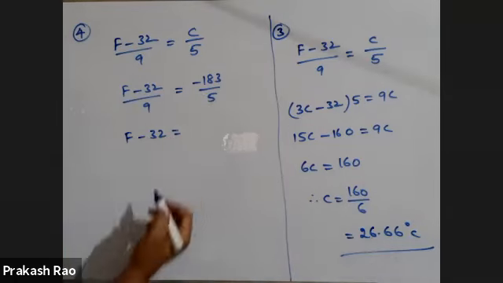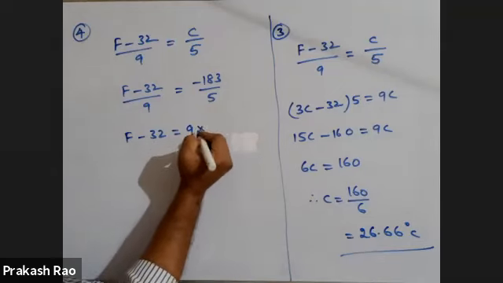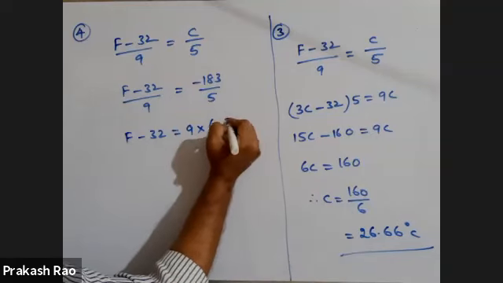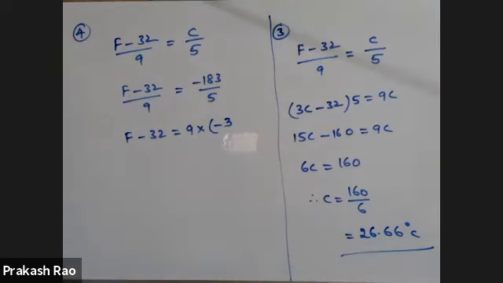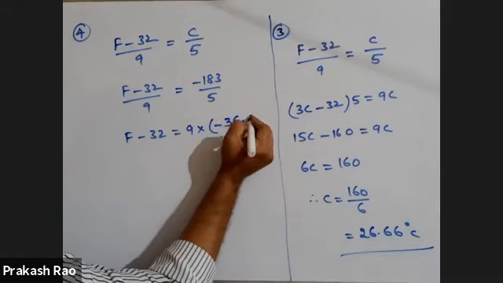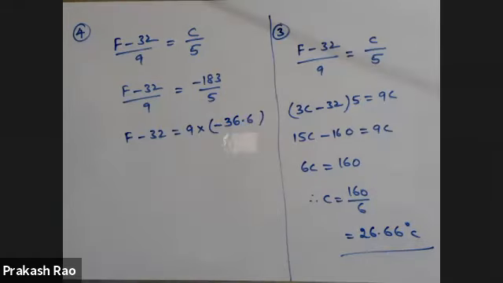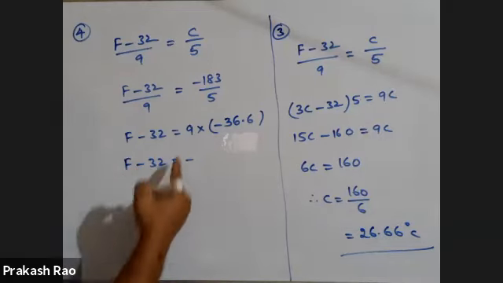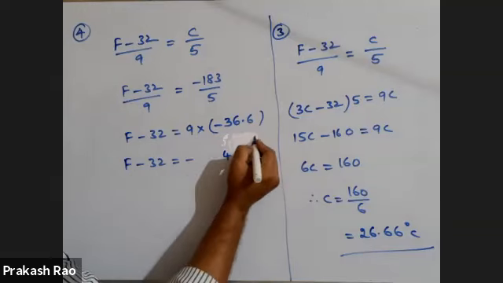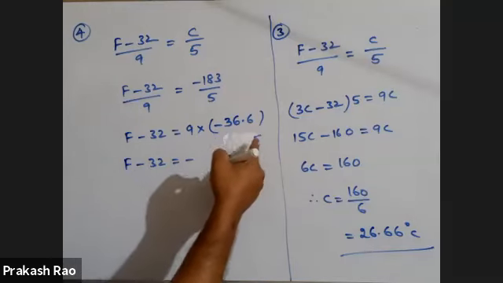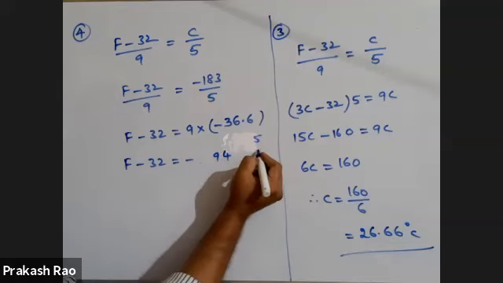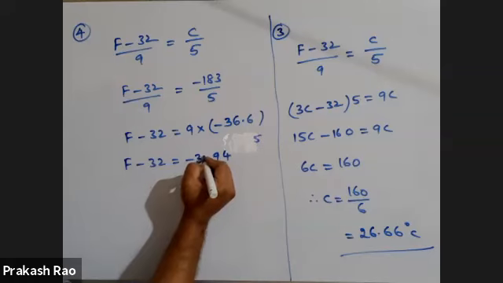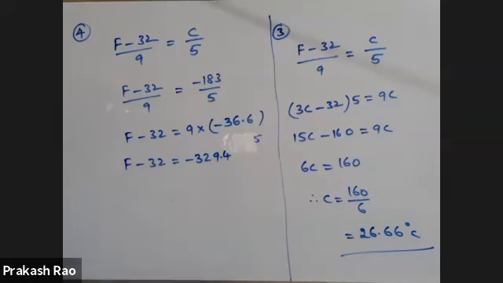you calculate this value, my dear students. 9 into minus 183 divided by 5. F minus 32 is equal to minus 329.4.